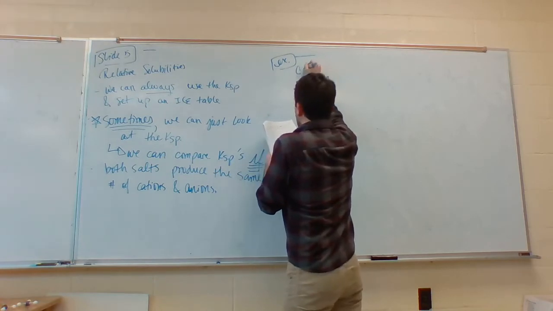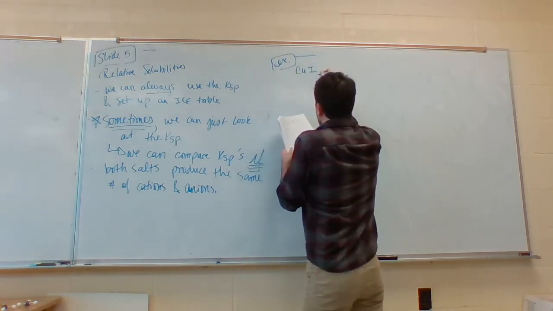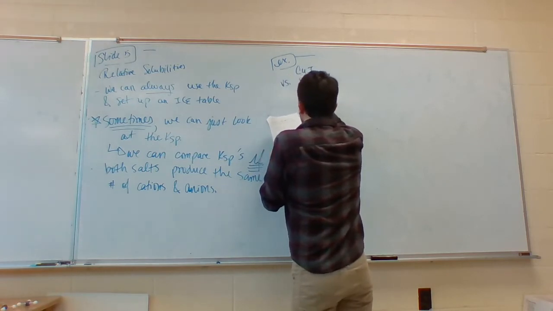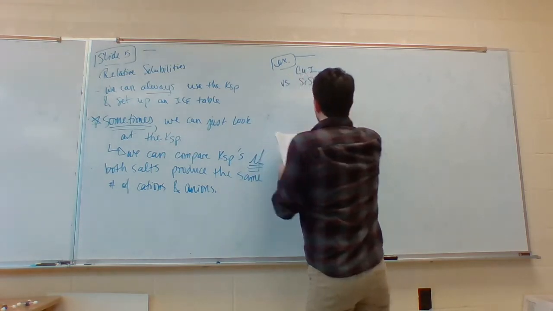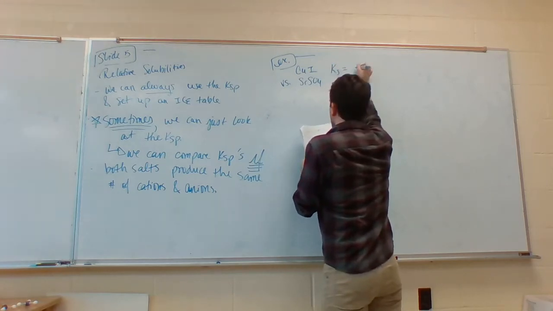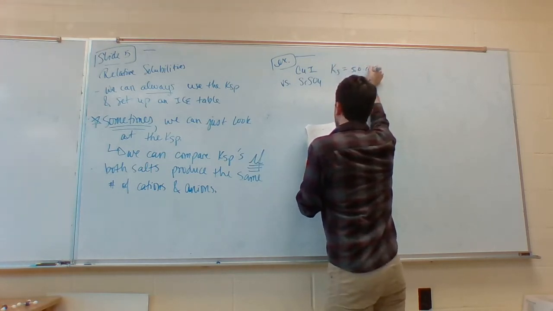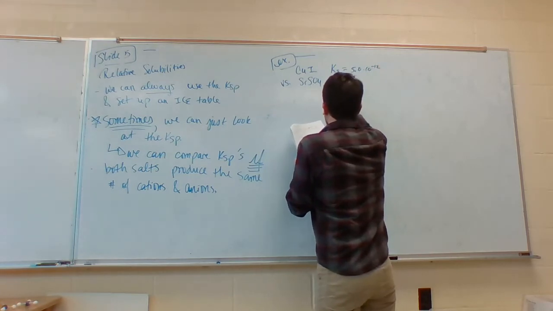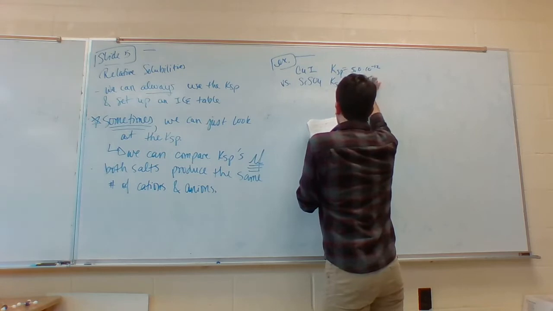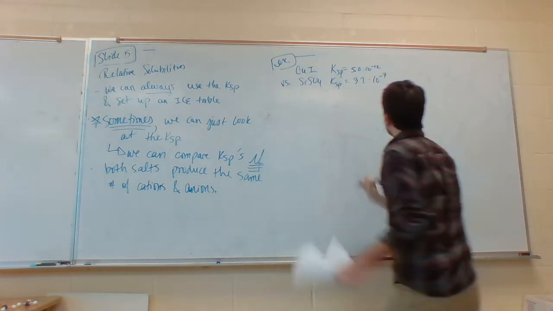So, for example, let's say we want to know if copper iodide or strontium sulfate is more soluble. If I look at my Ksps, Ksp is equal to 5.0 times 10 to the negative 12, and Ksp is equal to 3.2 times 10 to the negative 7.